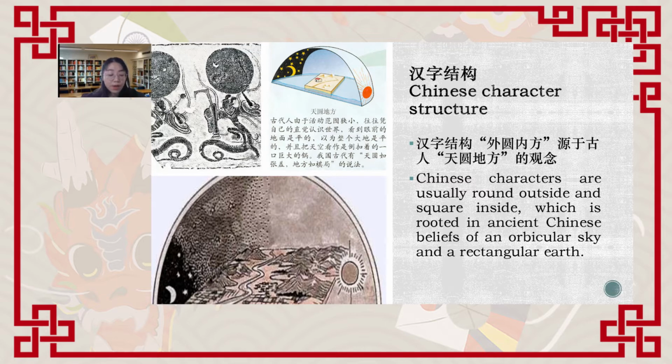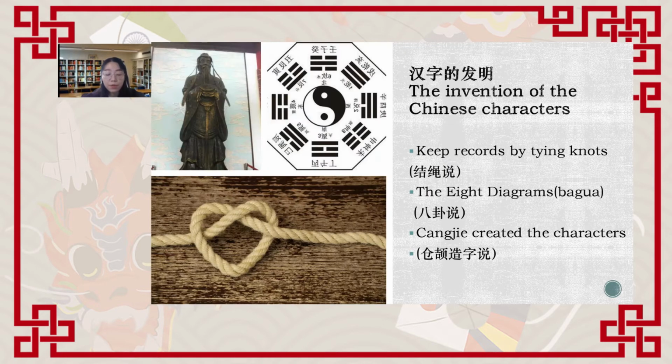So how Chinese characters were invented has always been a question. There are three well-known views, namely keeping records by tying knots, the 8 diagrams, 八卦, and Zhang Jiahui created the characters. Right now, I would like to say more details about them.